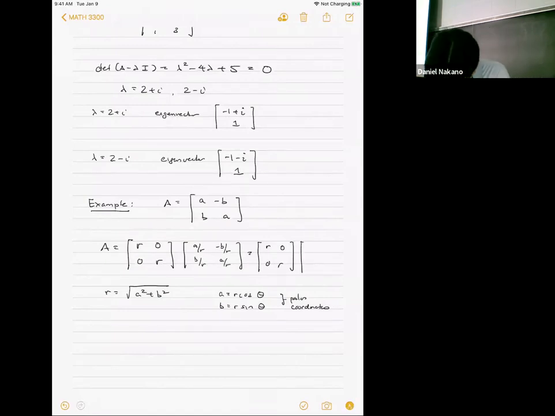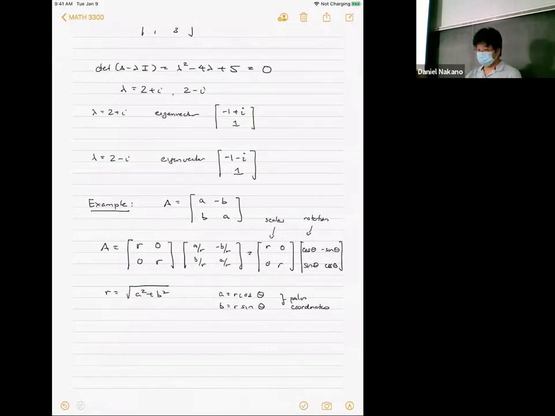That means we can re-express this as cosine theta, -sine theta, sine theta, cosine theta. So we can write A as a product of a matrix which scales and one which rotates. The last matrix is a rotation matrix, which rotates a point by theta degrees and keeps the length the same from the origin.